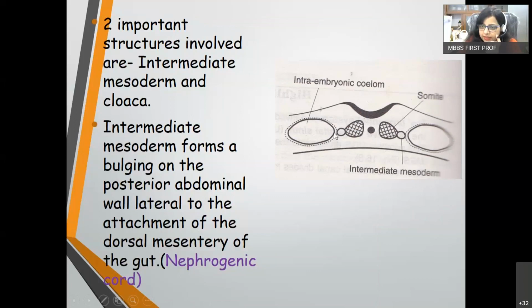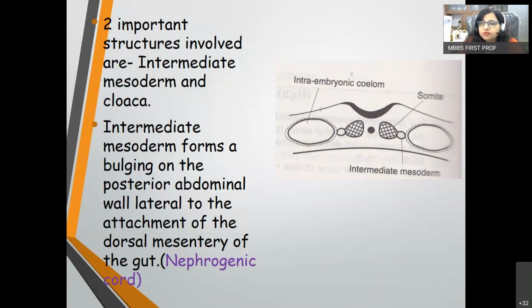As you can see in the line diagram, this is from an old book, so it is black and white, but you can very well correlate the things. It is the intermediate mesoderm that is responsible for the development of urogenital system, and this forms a bulging on the posterior abdominal wall. Okay?